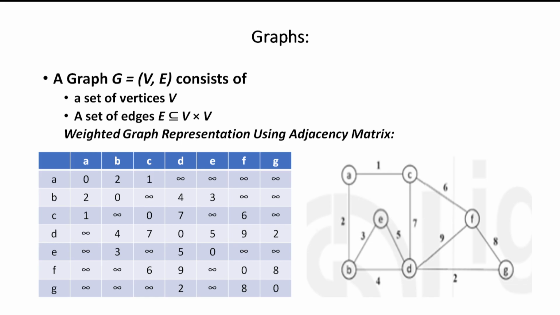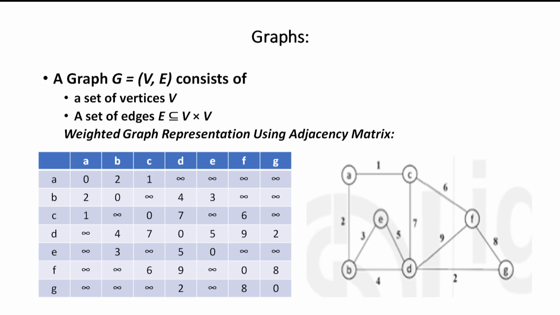It has 7 vertices and a number of edges. So the adjacency matrix will be a 7 cross 7 matrix which will represent the vertices. If there is a path from one vertex to another, then the weight of that path is represented. Otherwise, if there is no path, it is represented by an infinite value.